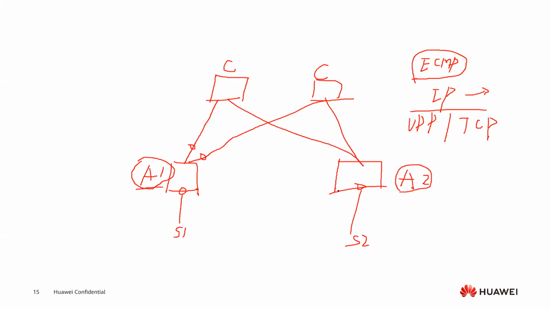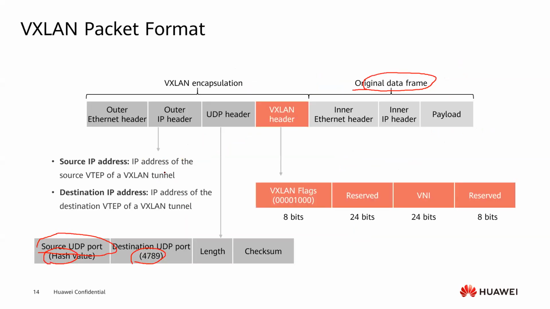If the source UDP port is different, the access switch will treat the two packets as different streams, so it will balance the two packets to different ECMP links. So it can make high utilization of the physical links all over the underlay. So now I think you already understand why we need to use the source port as a hash value, not a fixed value. That is why.